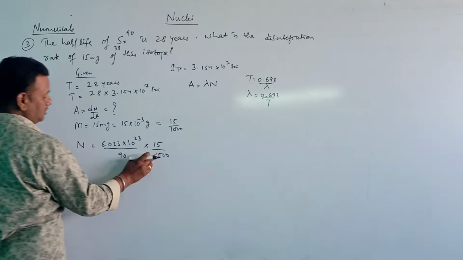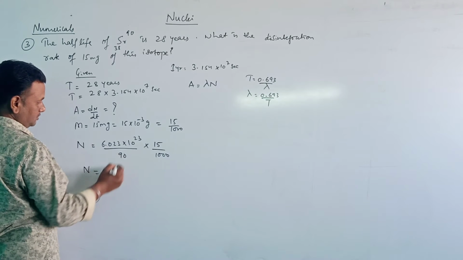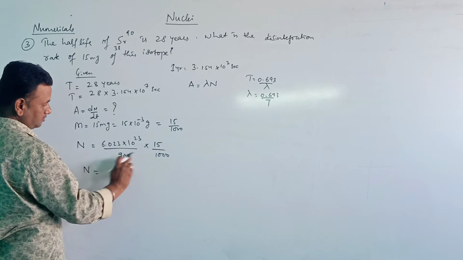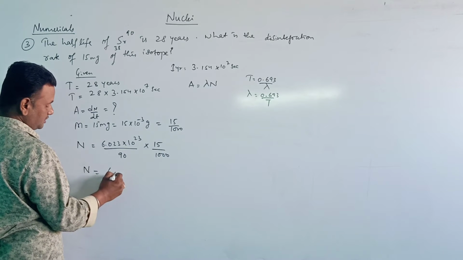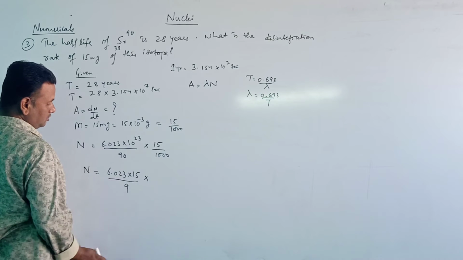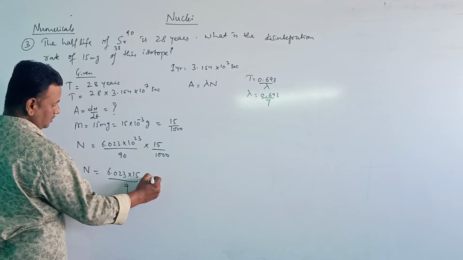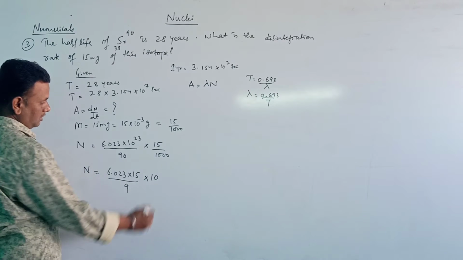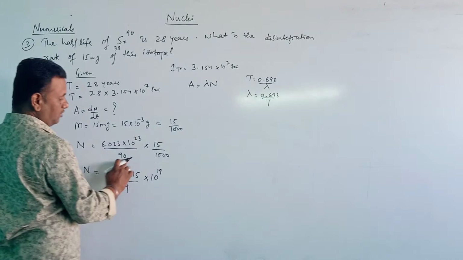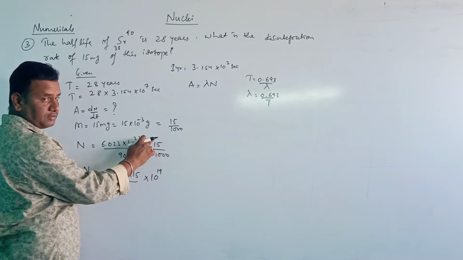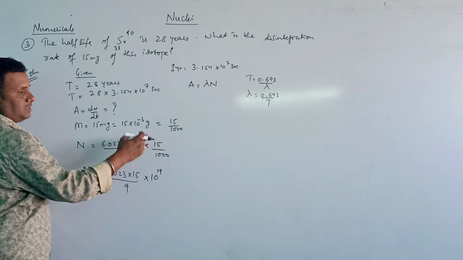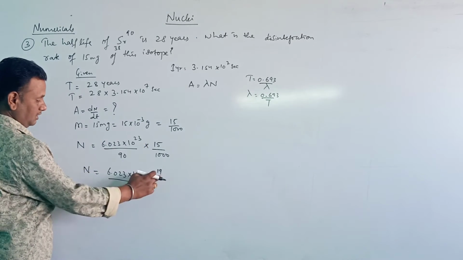If I remove the zeros and take them to the numerator, it is 10 to the power of minus 4, so 23 minus 4 is 19.